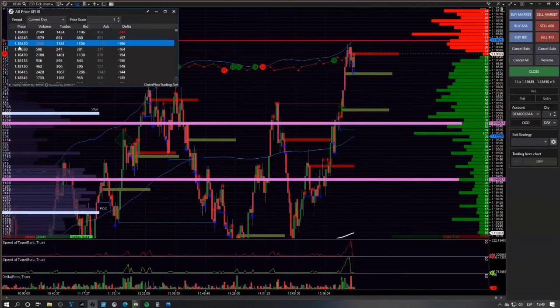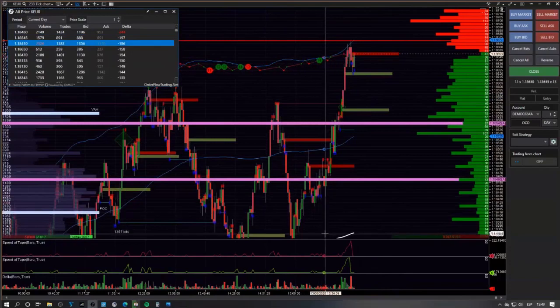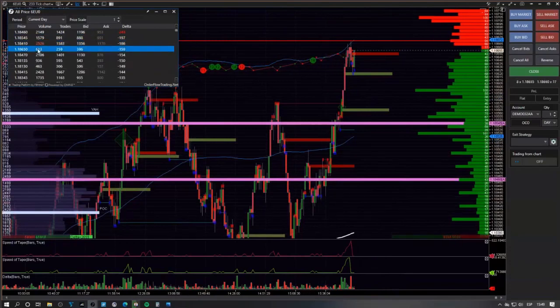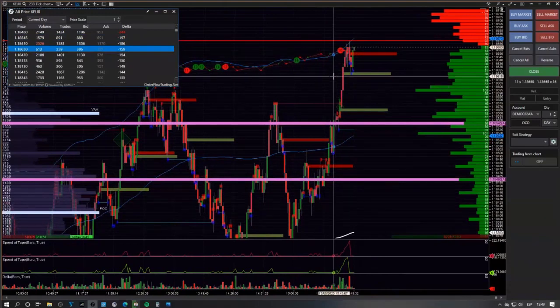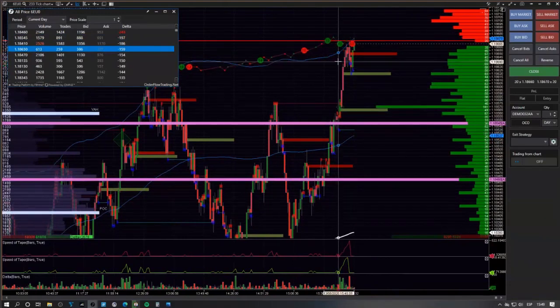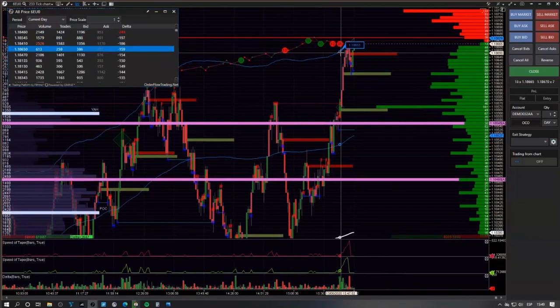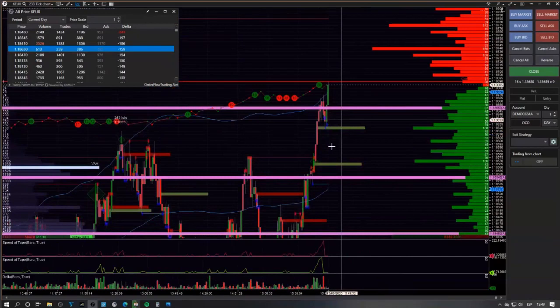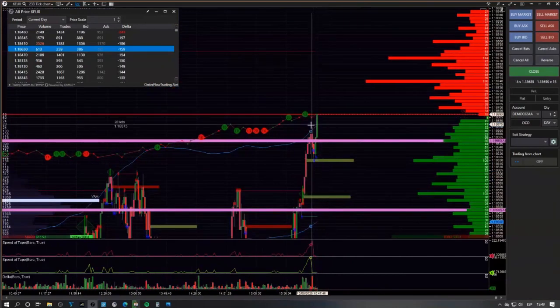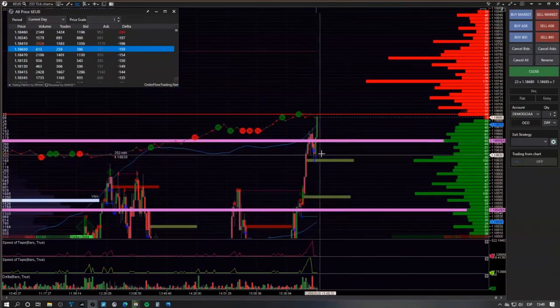So let's see another one, 184.10. Since this one is lower, it's not even on the screen. That's 186.50. 650. This just happened here. This just happened on this area here. You can see how the price is pushing up again because we have sellers trapped here.